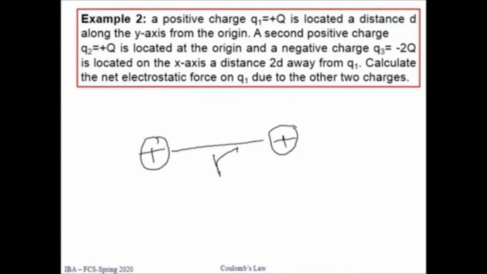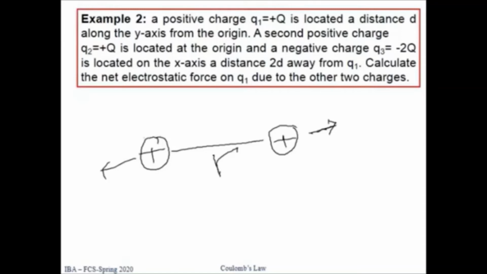We already know that if you have the same sign of charges, then the force is repulsive and the force vector is away from the line joining these two points in both cases.